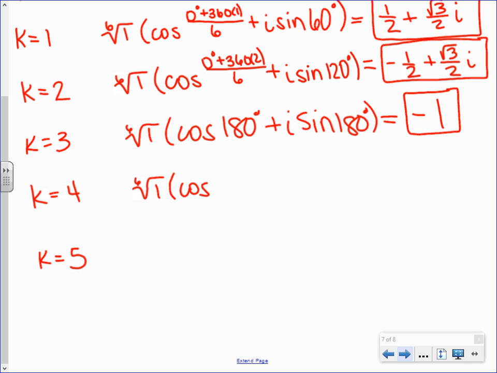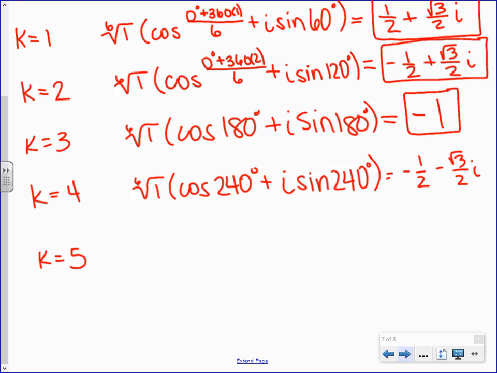Since these are all 60 degrees apart, our next angle would be 240. So the cosine of 240 would be negative 1/2, and the sine of 240 would be negative radical 3 over 2, times i. All right, and then our last root, we need 6.